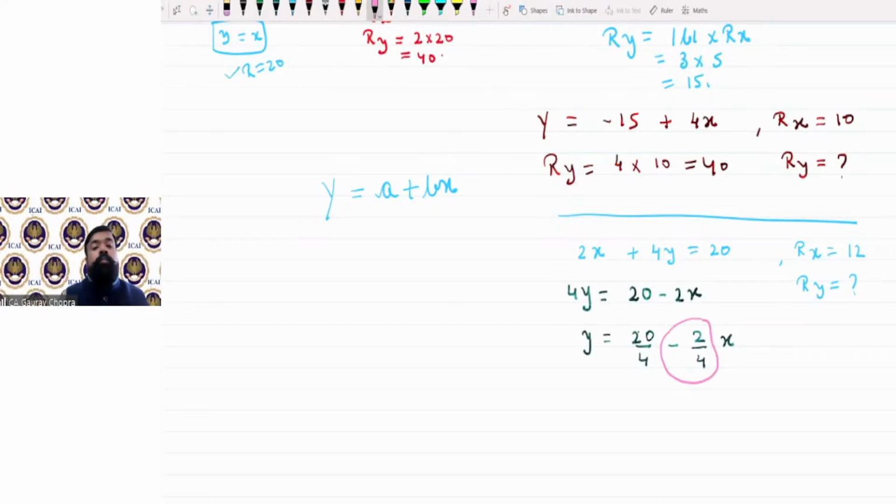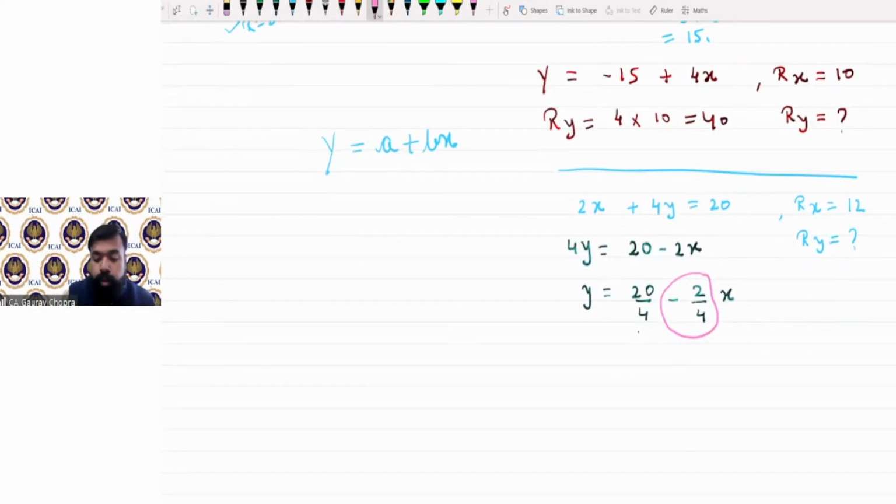It is minus 2 by 4. But we have to use mod b. No sign will be used. So range of y will be 2 by 4 into 12. Result will be 6. This is range of y.